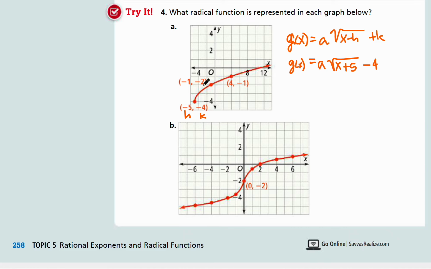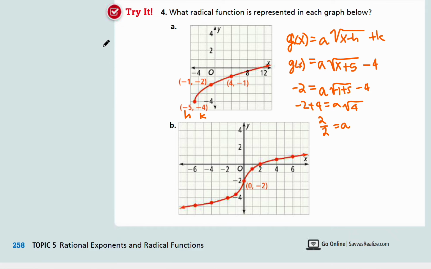Using one of our points, you can use (-1, -2). You can plug it in and solve for a: a root of -1 plus 5, minus 4, and then that's equal to 5 minus 1 is 4, and so that's 2. 4 minus 2 is 2, so 2 divided by 2 is 1, right? So we know that a is just going to be 1.